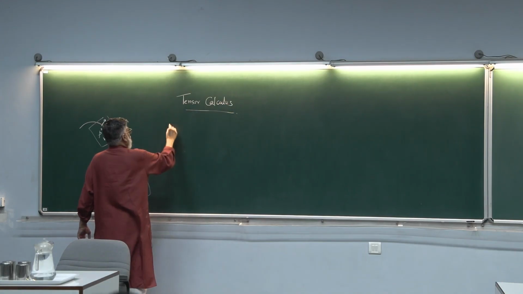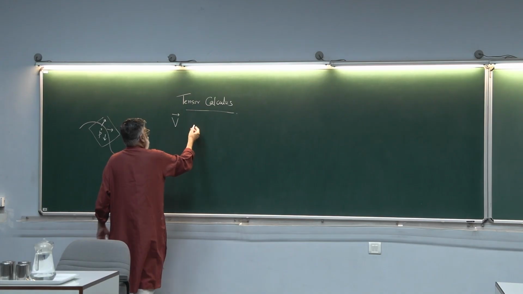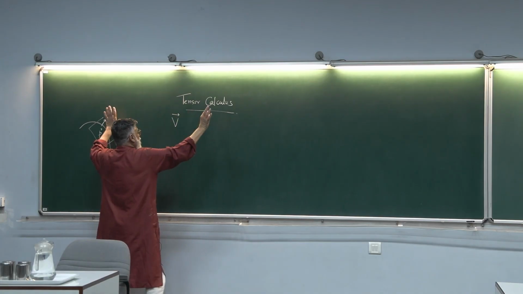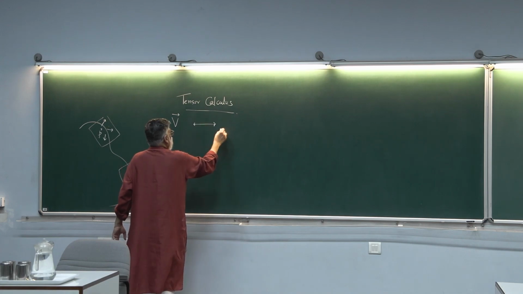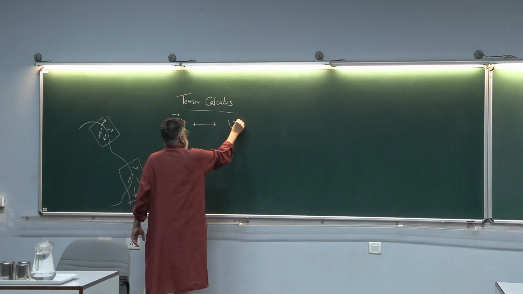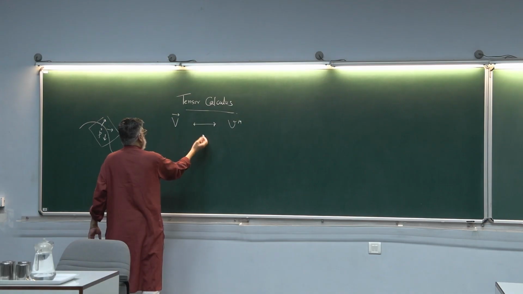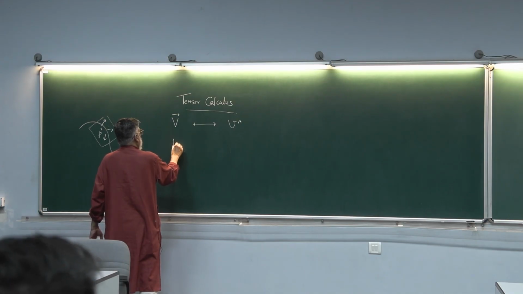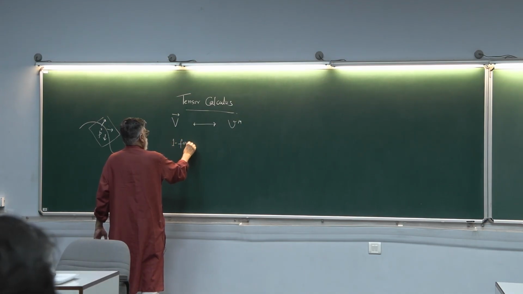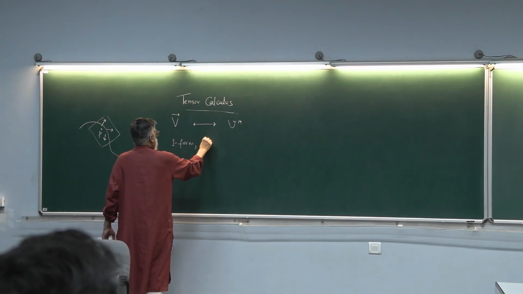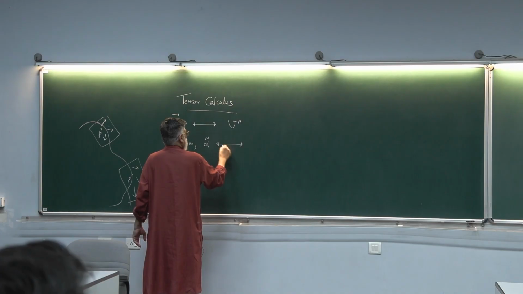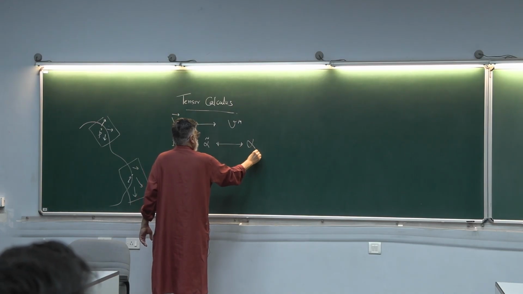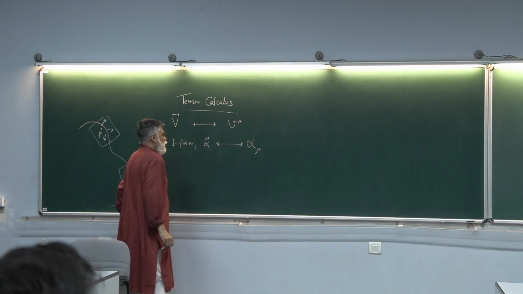Where my abstract vector, I'll assume that we have chosen a coordinate system. This is equivalent to its component V mu. Similarly, a differential one form is equivalent to its components, and so on.